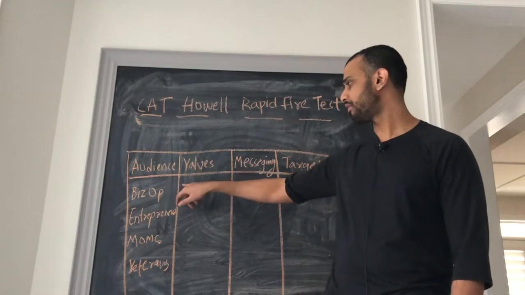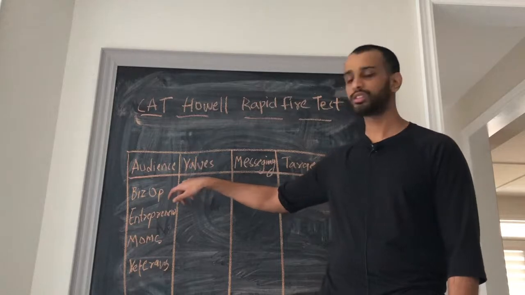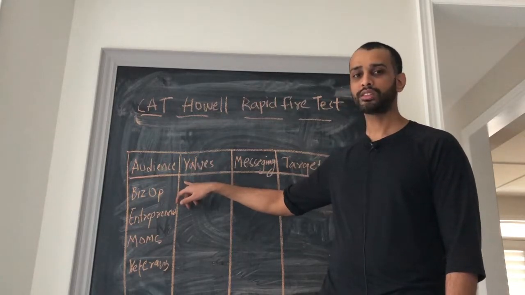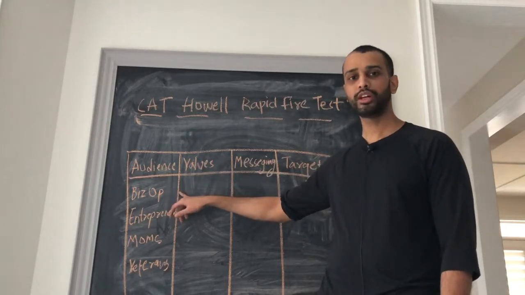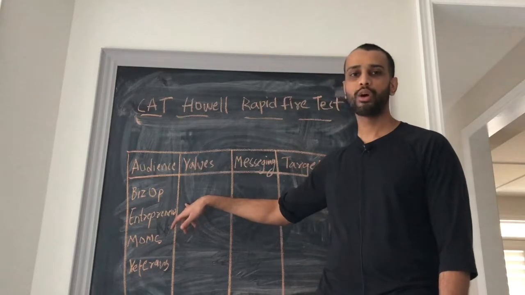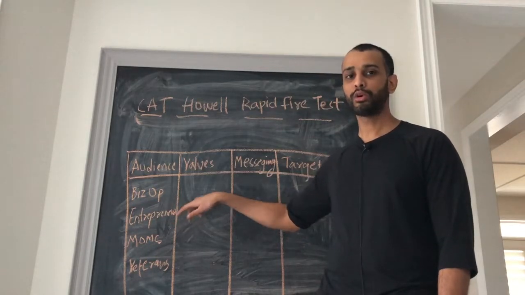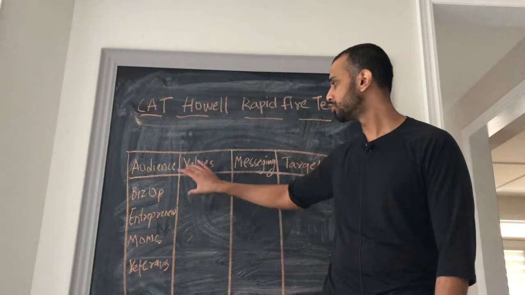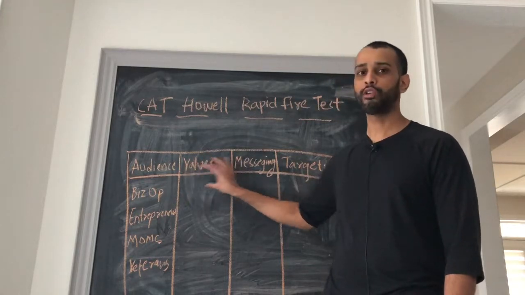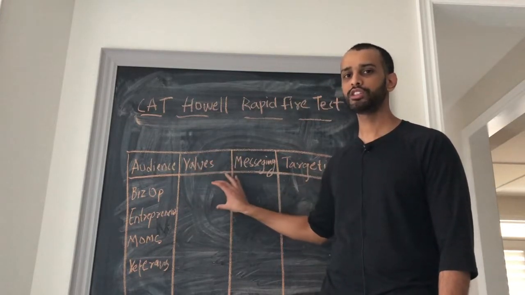So now you have their wants, which is they want a side income. Maybe they want to leave their job. Maybe they want to support their family even more, right? So you have these core values for all of these people.